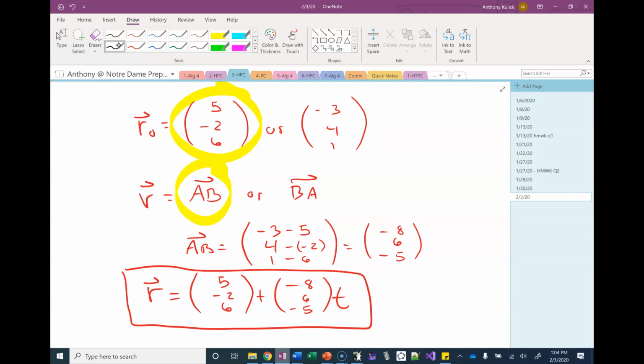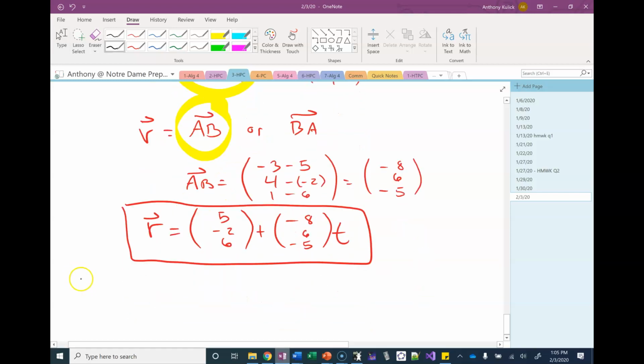What do you guys think? That was pretty easy, right? There wasn't much to do there. Might have even been equally as easy as the 2-dimensional situation, right? Yeah, not much difference.